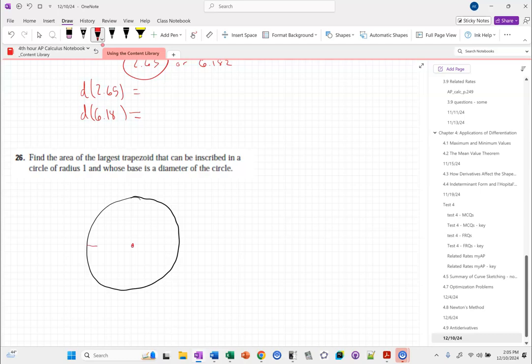Let's say that's the center. So far, so good.